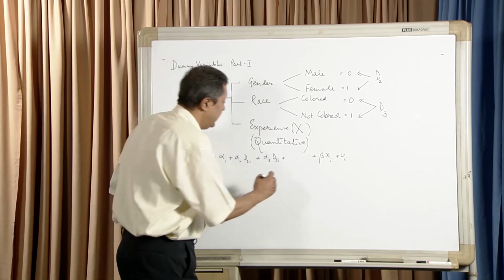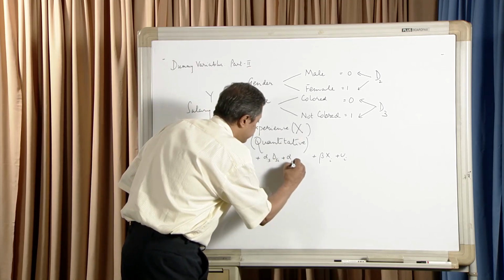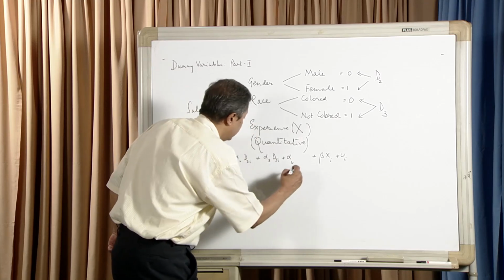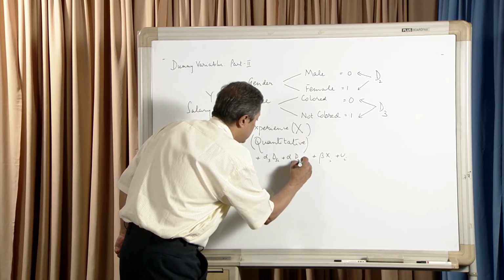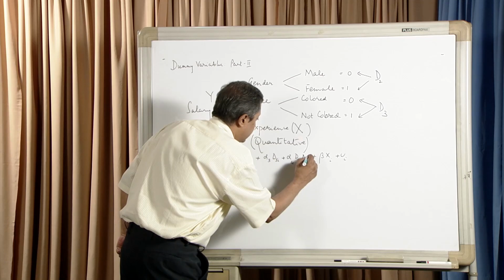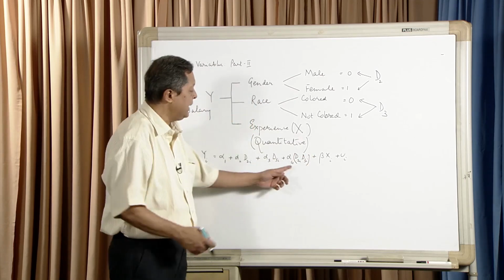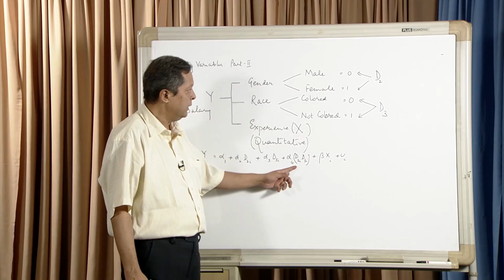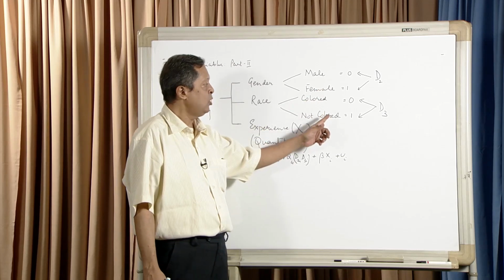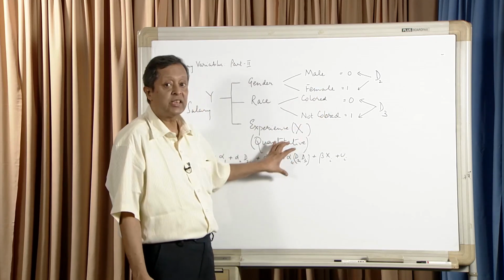That is why we bring in another expression here, which is the product of D2i and D3i. So, when both D2 and D3 are 1, that is when female and not colored, that has a separate effect.